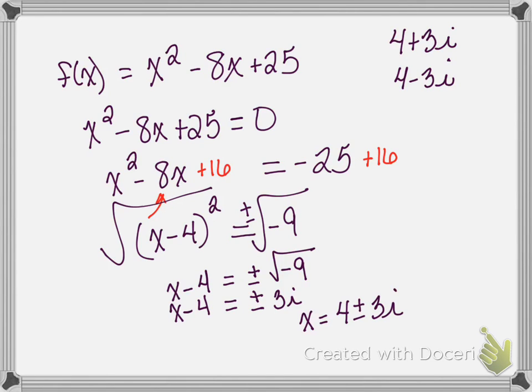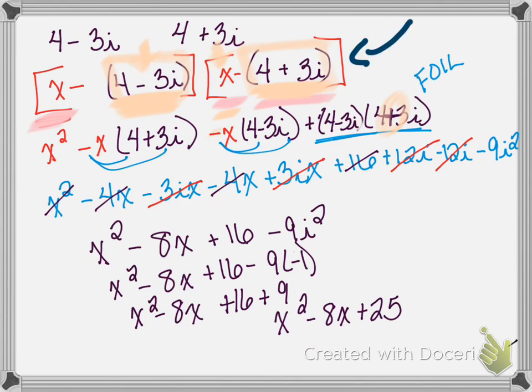So what you were asked to do on the problem before this is you started here, and you worked back to our polynomial. When you are given two conjugates or two complex numbers, or you're given one complex number and you've got to find the other one and then find the polynomial, this is how you do it. Remember that this is a solution, and so you've got to go from solution to factor.